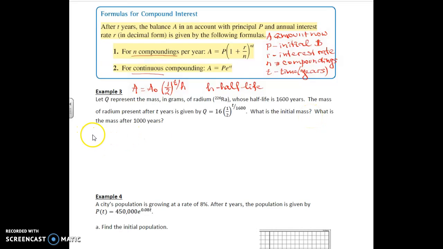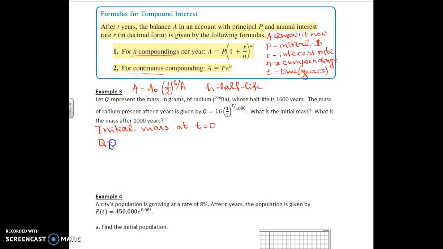To calculate that, since t is the time in years, to find the initial mass happens when t is equal to 0. In that case, we can calculate in our equation. It is given as Q in here.